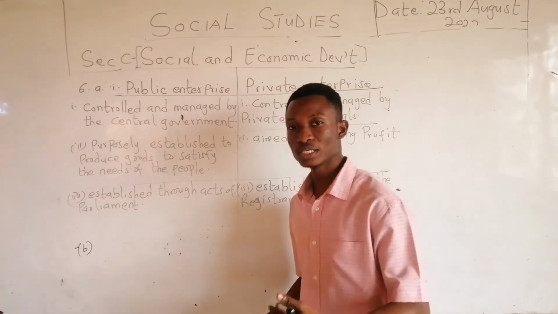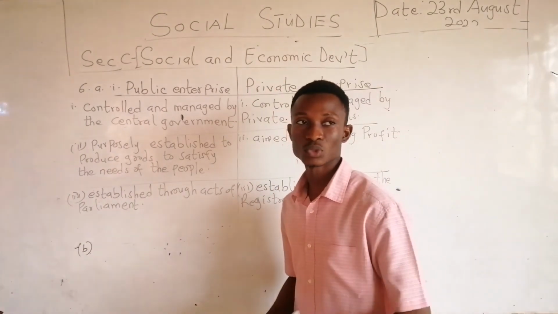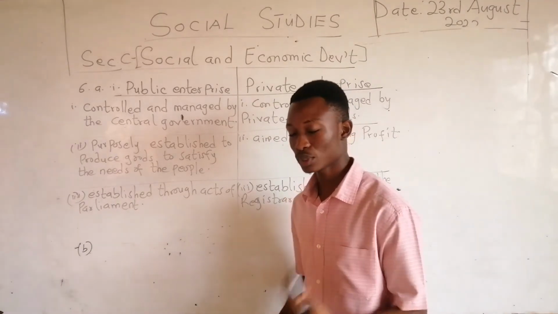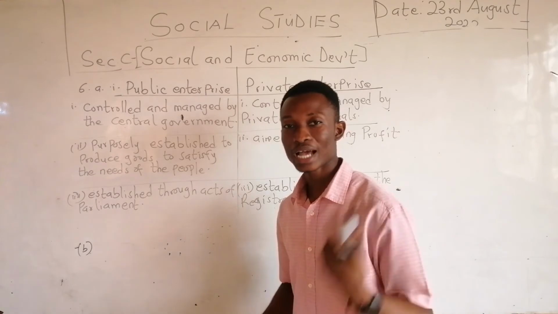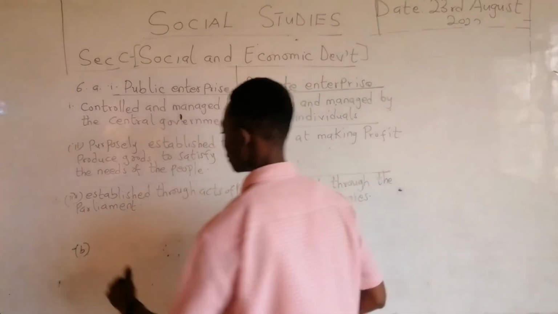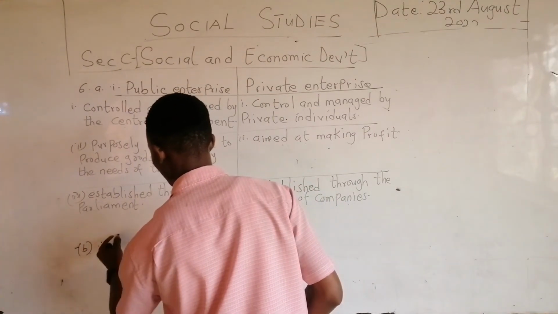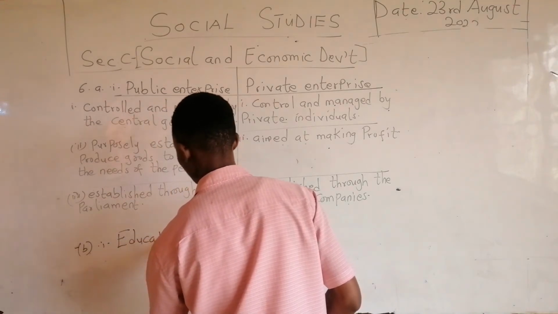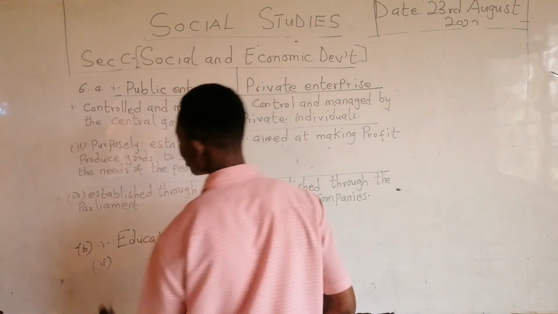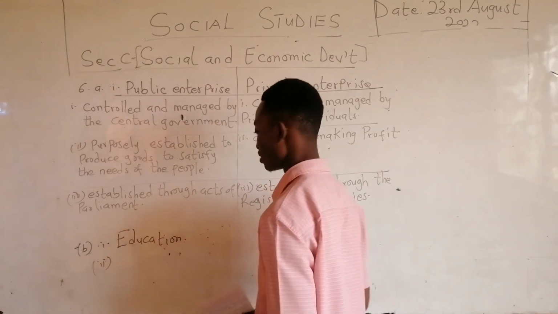So what are some of the measures we can put in place to ensure higher productivity? One, education. It's hard, so you need to explain, but they will do a thorough explanation.